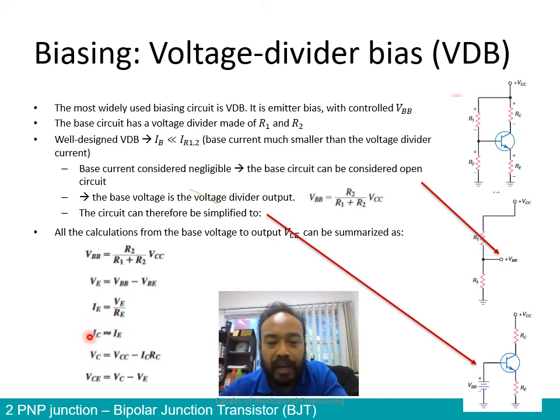When you have IC, you can calculate VC in the loop of the collector. And when you have VC and VE, you can deduct VE from VC to get VCE, the output voltage. It is the same calculation as in emitter bias previously. It's just that now your VBB is controlled, therefore your IE and IC are controlled, through controlling the ratio of the voltage divider.